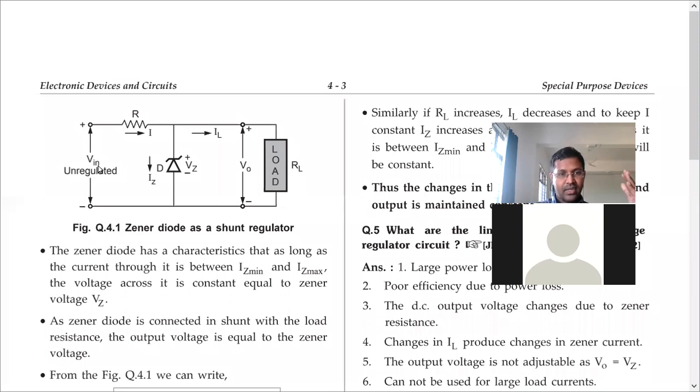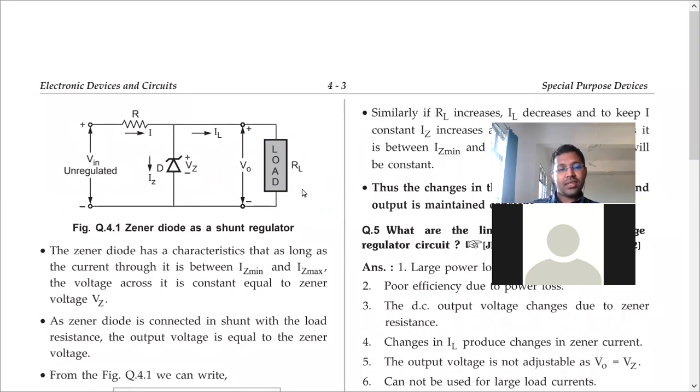First case, when input varies, how the output voltage remains constant. That is case 1. Case 2, when load RL changes, how the output voltage remains constant. These two cases we will study.